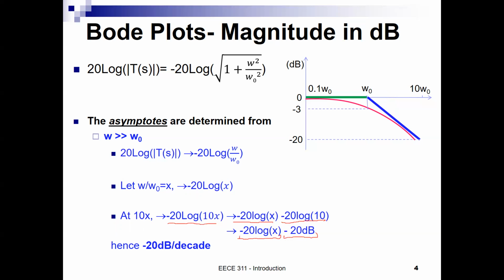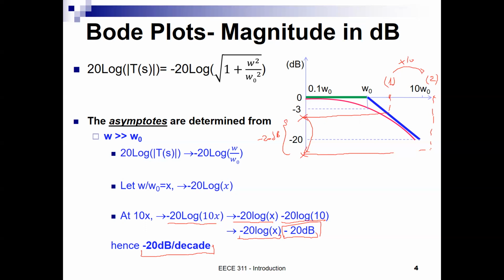Therefore, when I moved from point 1 to point 2, when the frequency was multiplied by 10, the gain dropped by minus 20 dBs. This is how we derive the term minus 20 dBs per decade.